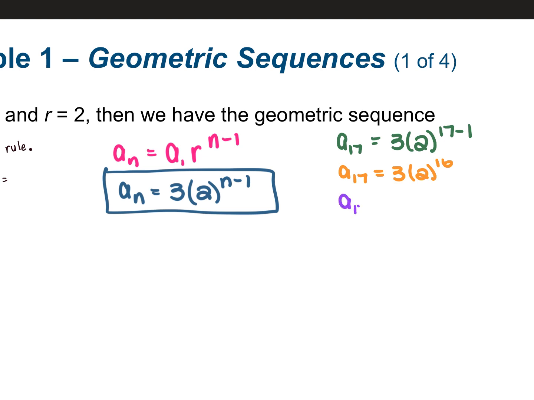So we're going to do a sub 17 is equal to 3 times 65,536. From here, we just multiply by 3, and that gives us our answer of 196,608.